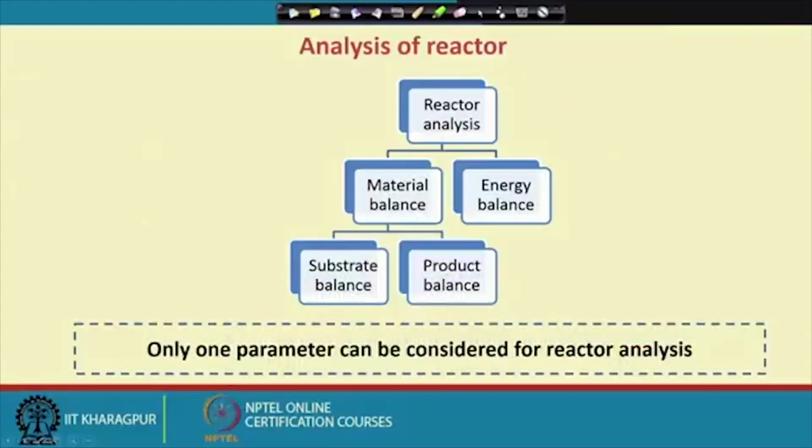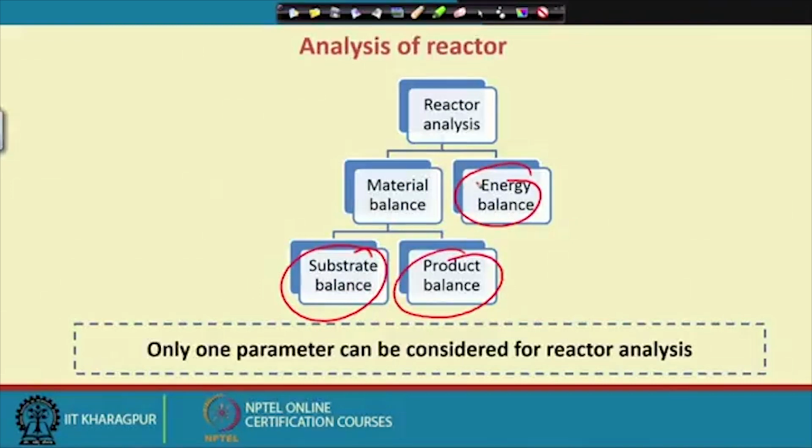Now first let me discuss the analysis of the reactor. We have the material balance, the substrate balance and the product balance, and the energy balance. So there are three different ways we can do that: the substrate balance, the product balance, and the energy balance.